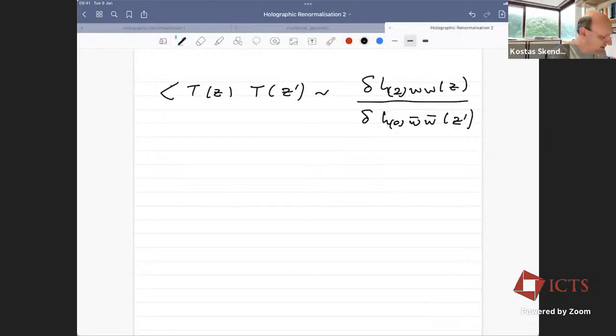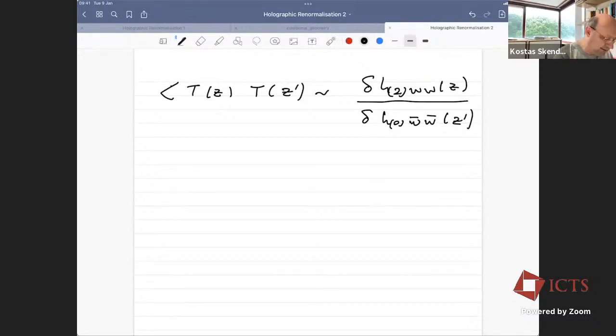Maybe I'm just going to give the equations, I'm not going to derive them. Basically, the bulk equations amount to the conservation of the energy momentum tensor and its trace.